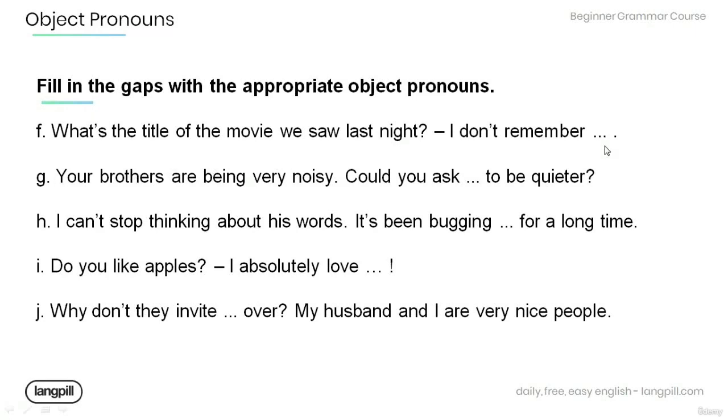I don't remember blank. G. Your brothers are being very noisy. Could you ask blank to be quieter? H. I can't stop thinking about his words. It's been bugging blank for a long time.